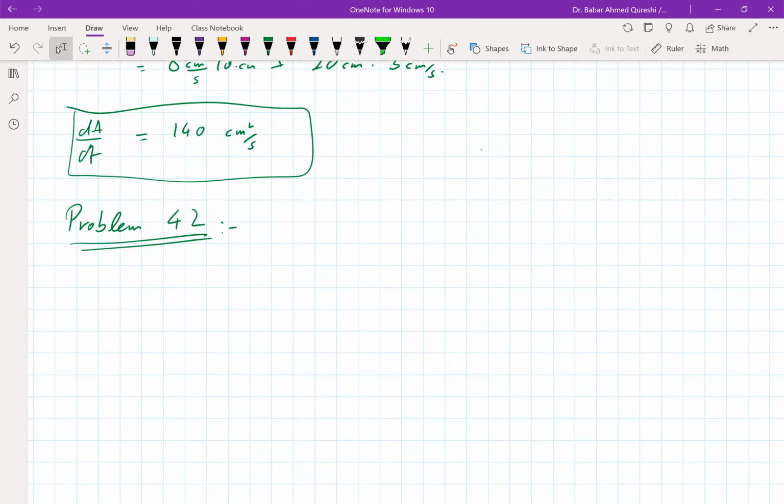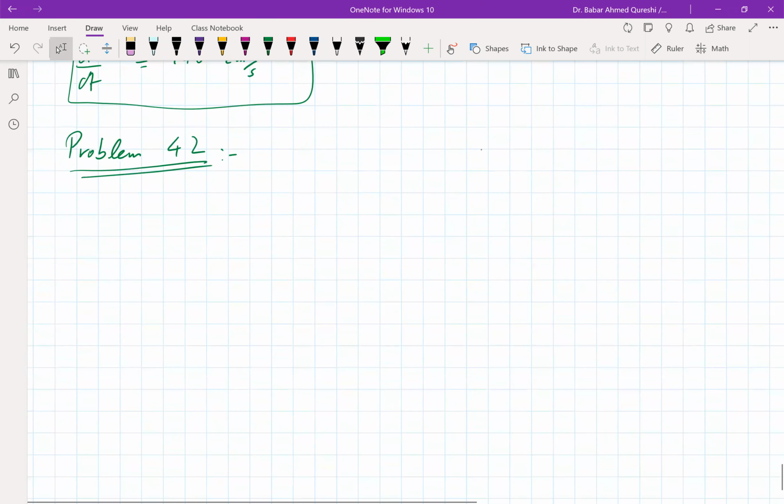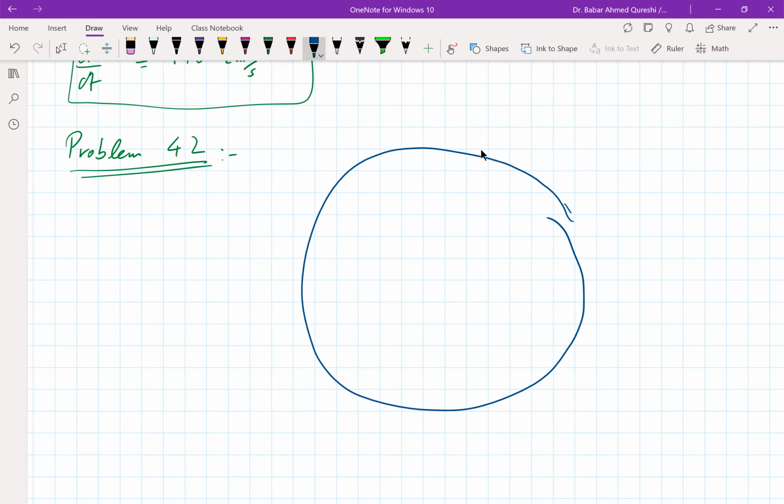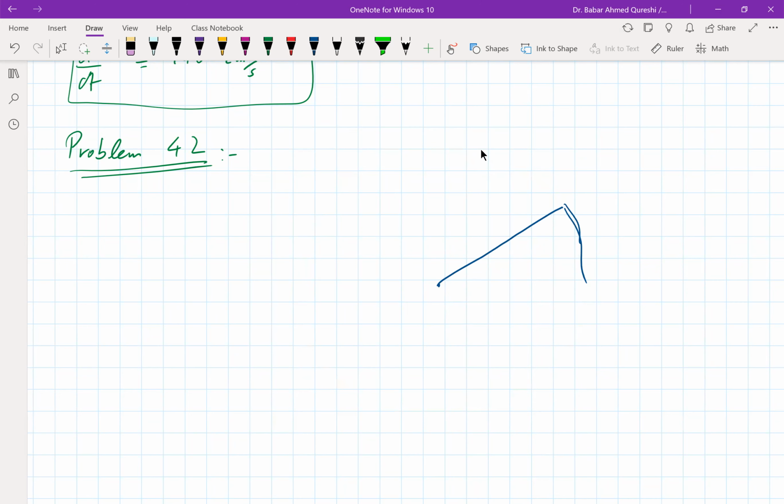Okay, so it says that a Ferris wheel with a radius, so you have this Ferris wheel. What's this doing?